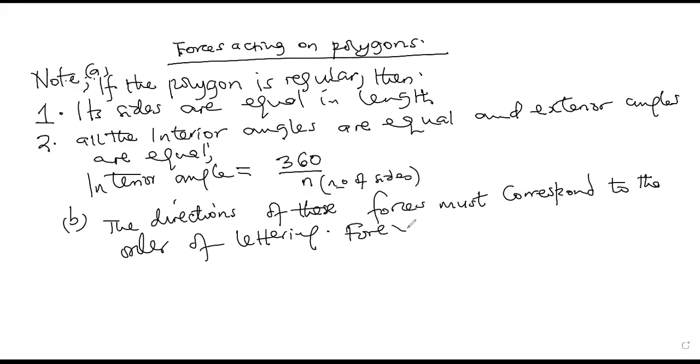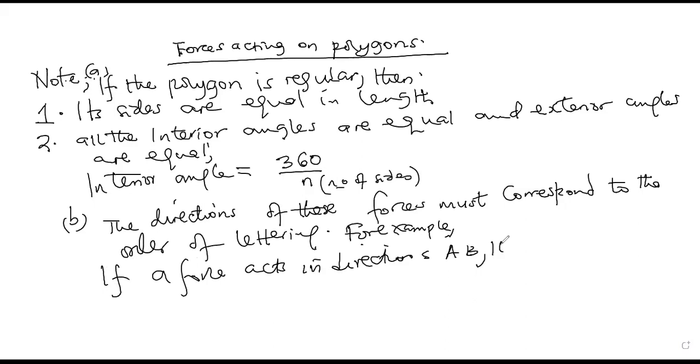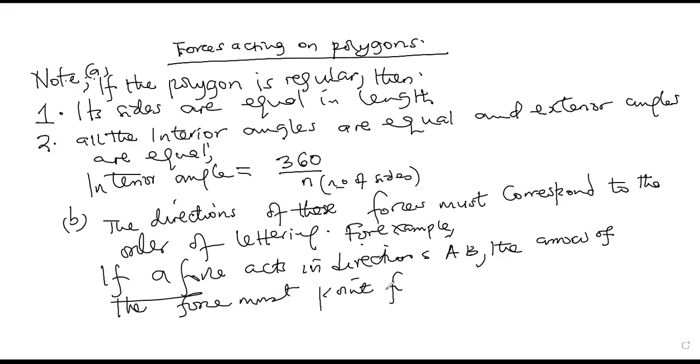For example, if a force acts in the direction AB, you must note that the arrow of the force must point from A towards B. If I have points A and B and they say AB, you have to follow that order of lettering, meaning the force must be pointing from A to B. So these are among the few things that we should know so that we progress well.